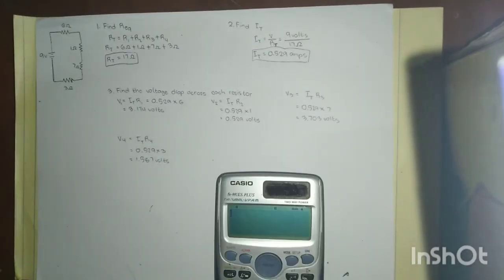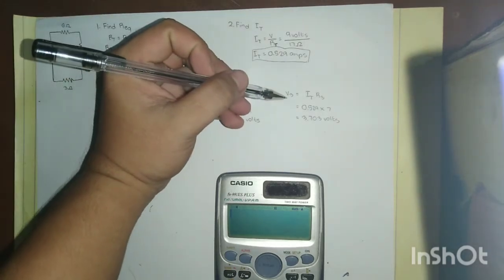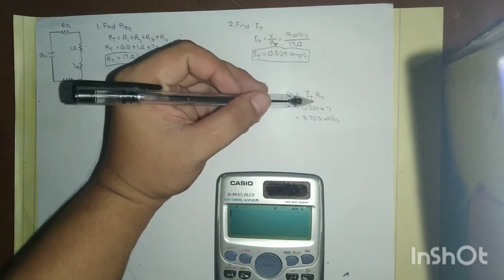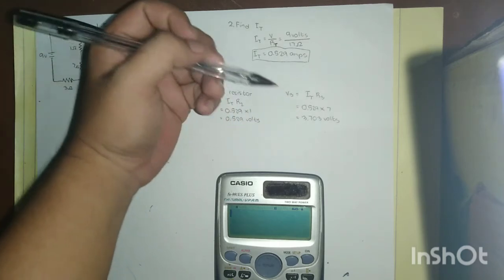And then the voltage drop across the third resistor, which is V sub 3, is equal to the total current multiplied by the third resistor.